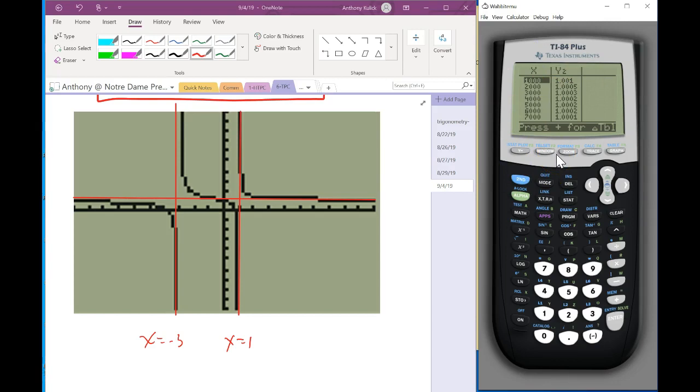Kendall: Would it be the same process with the degrees? So calculator-wise, yes. Say instead here I had x minus 3 in the numerator. Here the horizontal asymptote should be at 0.